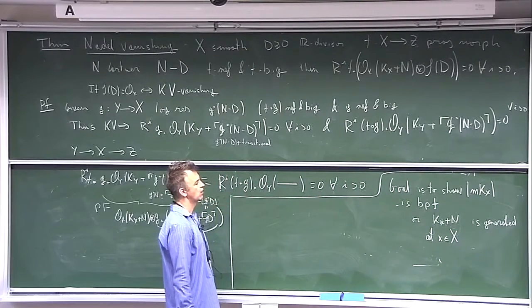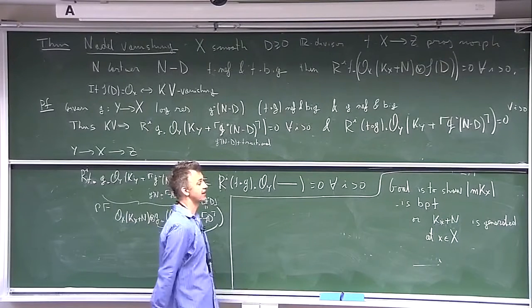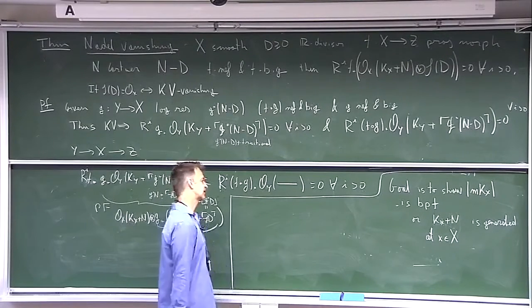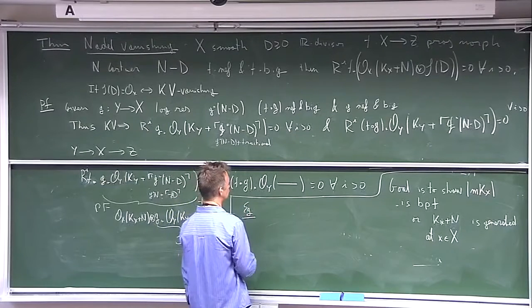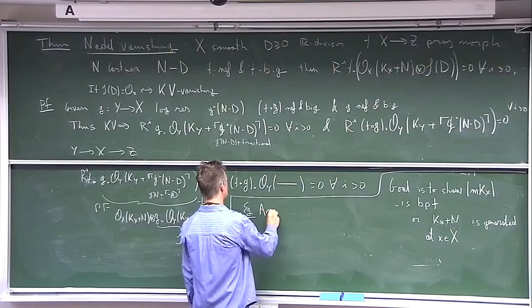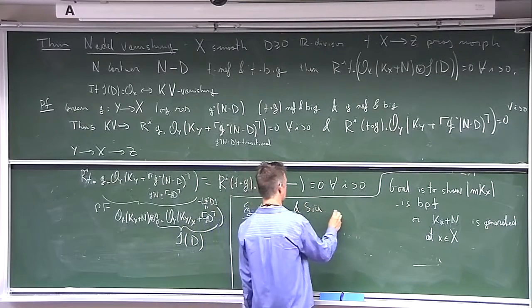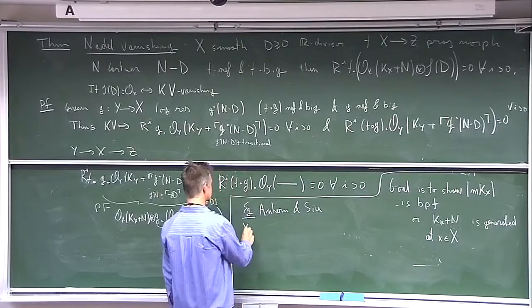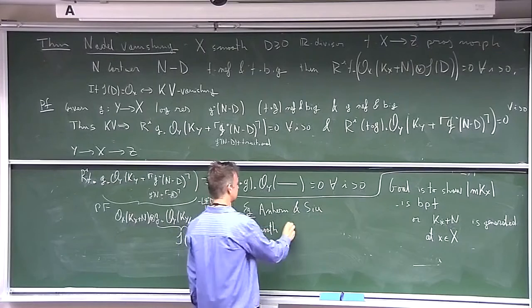So what's one example where there's a big theorem that smells like this? E.g., there's this big result due to Angehrn and Siu, which states the following. So X is smooth. There are stronger versions, but let's say A is ample.